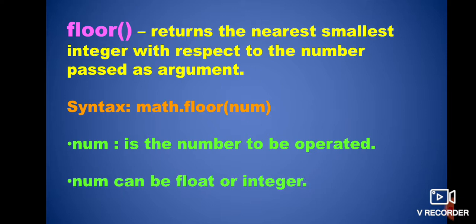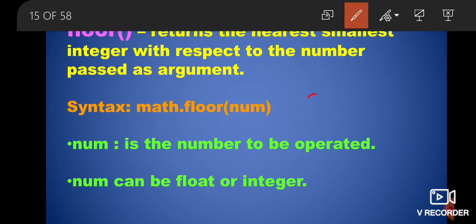So the floor function returns the smaller integer between the two integers between which the given number lies. Means if here I take the value as 3.4, then this value lies between 3 and 4 on the number line. So it will always give me the nearest smallest, means the smaller of these two integers, which is 3. So 3 will be written.